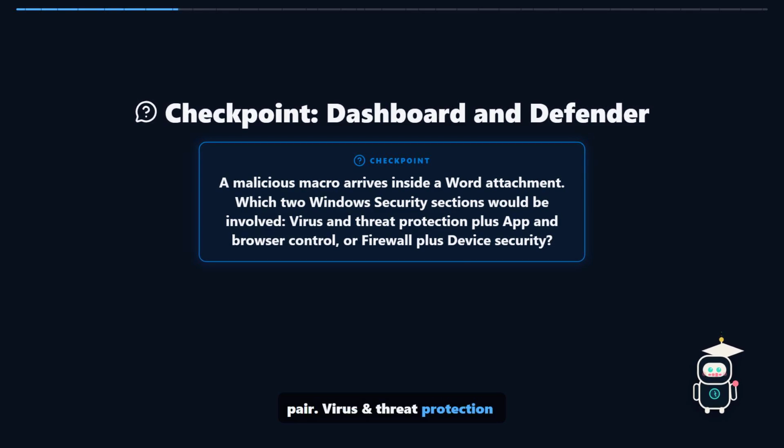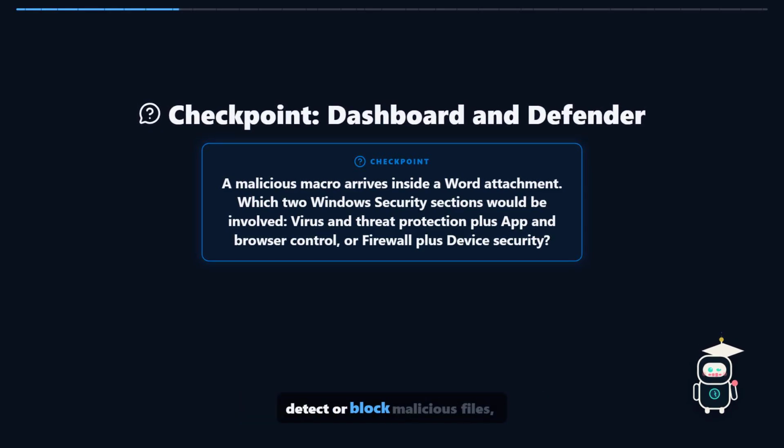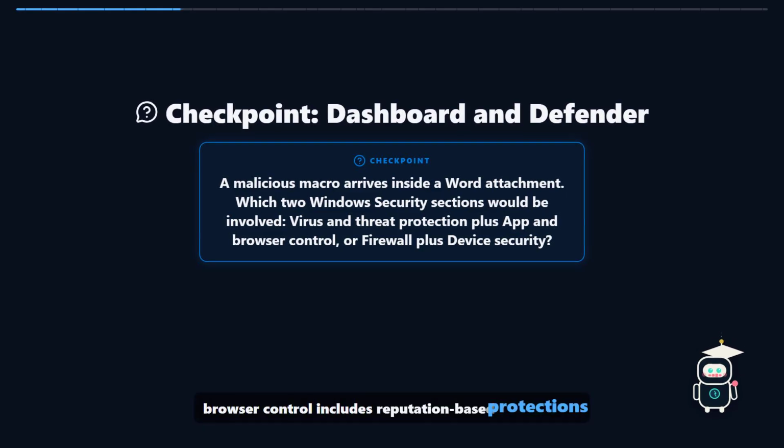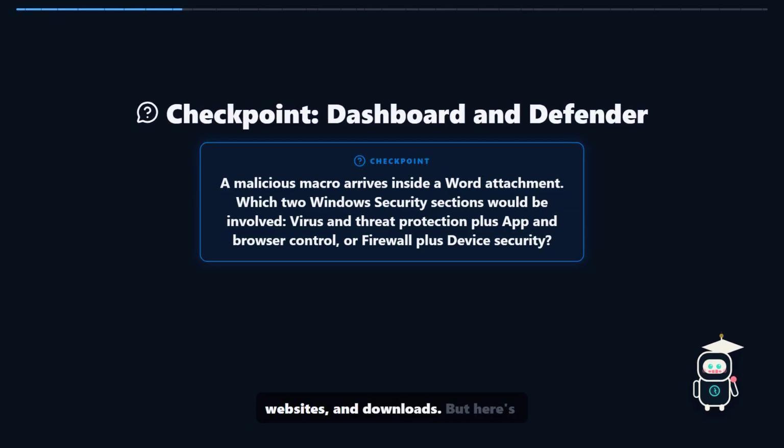Virus and threat protection includes anti-malware capabilities that may detect or block malicious files, content, or behavior. App and browser control includes reputation-based protections that can warn about or block certain unsafe applications, files, websites, and downloads.